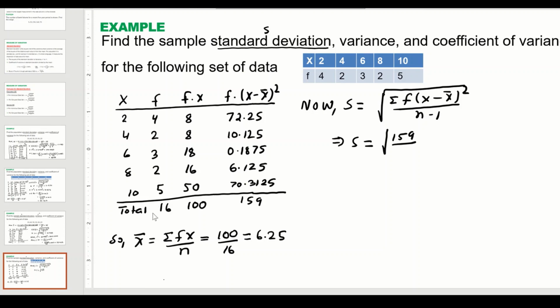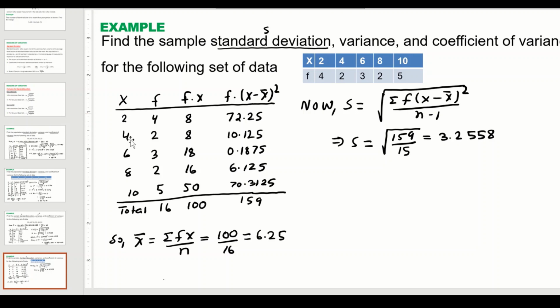N is the sum of all the frequencies, which is 16, minus 1 is 15. If we divide 159 by 15 and take the square root, you should get 3.2558. That is the standard deviation.